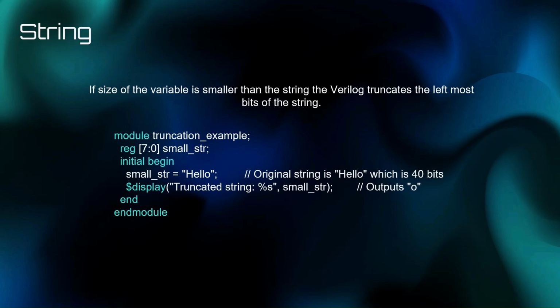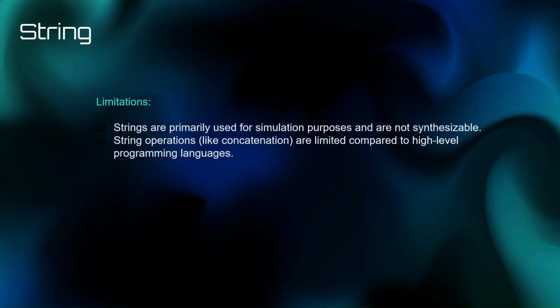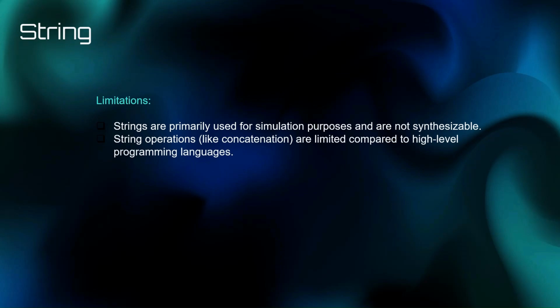In the initial block, the string hello, which requires 40 bits, is assigned to small_str. Since small_str can only hold 8 bits, it truncates the string, storing only the last 8 bits. As a result, when using $display to print the content, only the final character o of the string is shown, leading to the output truncated string o. Strings in Verilog are primarily used for simulation purposes and are not synthesizable. Limitations are that string operations, such as concatenation, are more restricted compared to those in high-level programming languages.